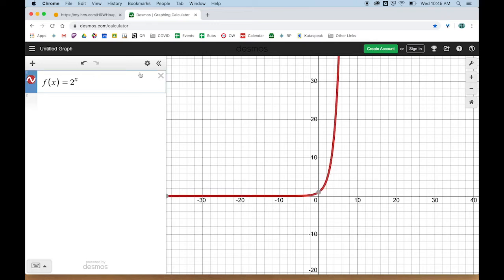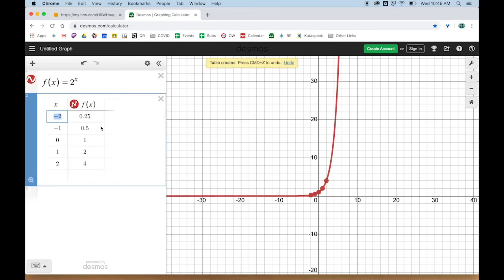In Desmos, I don't know if I've shown you this before, but you can have a table created from this also if you want to take a look at some actual numbers. This is the same table I actually did in the example on paper.